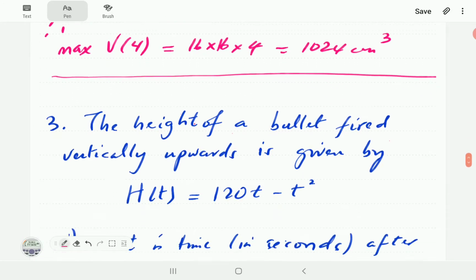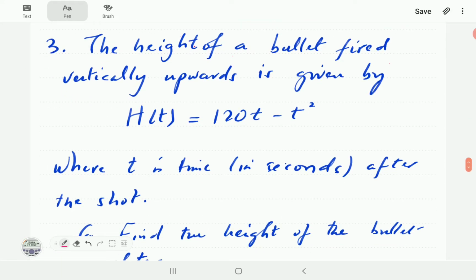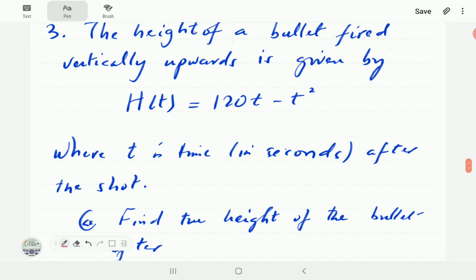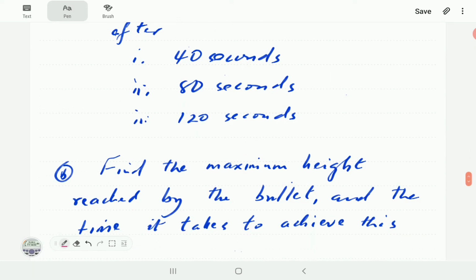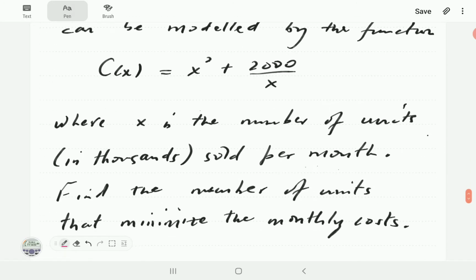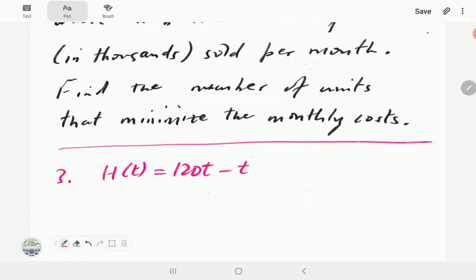Here we are going to look at these two problems which we gave you as an exercise in the previous video. In the first one, we've got the height of a bullet, which is shot upwards. So we're going to start with that one. In number 3, we've got h of t equal to 120t minus t squared.